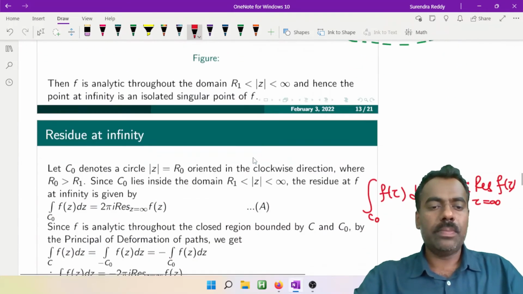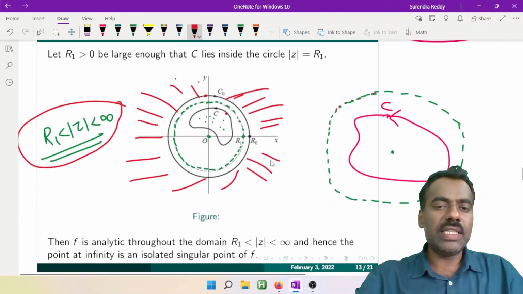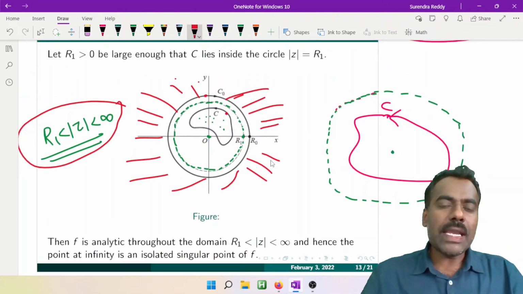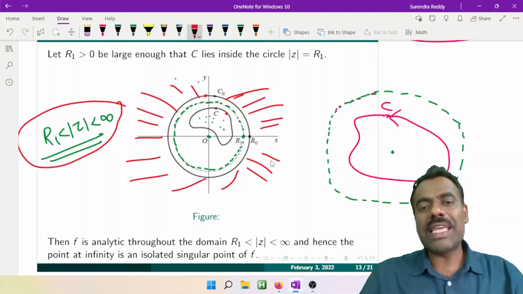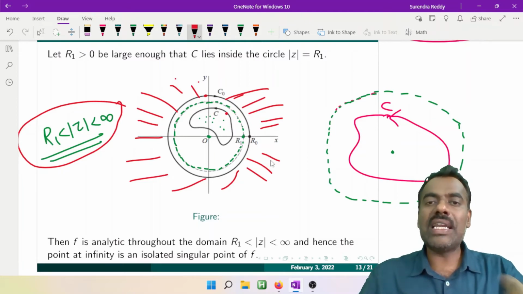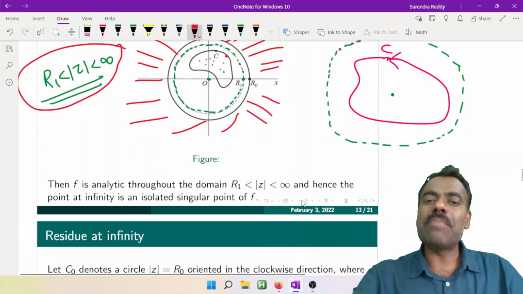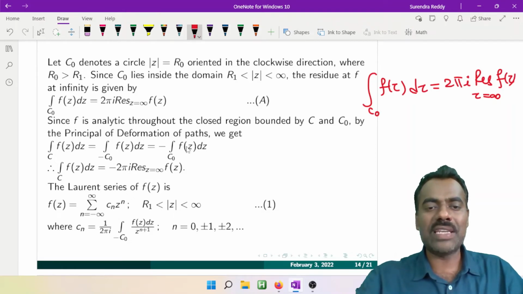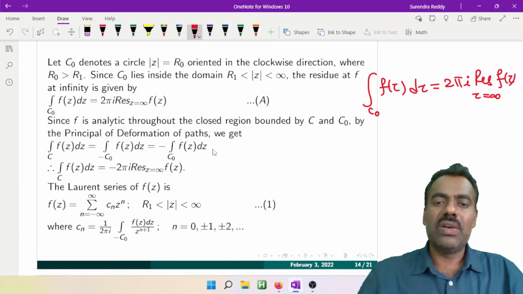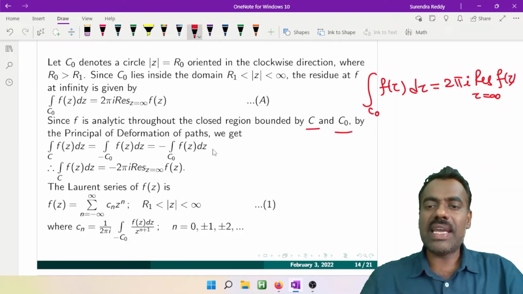But when we apply the deformation path result, both should be in the same direction. C and C naught are in reverse directions, so we get a minus. So the integration over C of f of z dz is minus the integration over C naught of f of z dz, only because C and C naught have different directions.